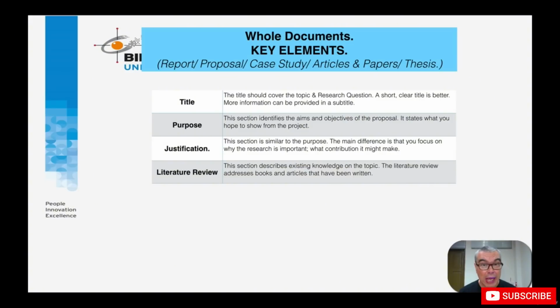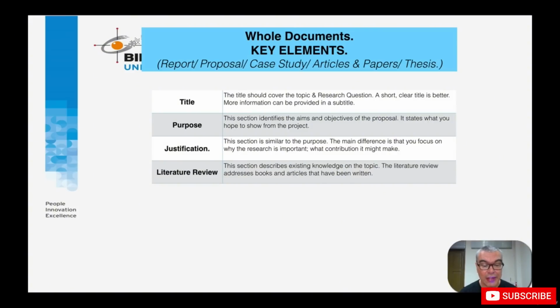So this is where you need to apply things like your paraphrasing, summarizing, using citations, and also including your own comments, opinions, and observations on the literature that you review. So this section will be quite a big element of your document, and it is usually divided up into several subheadings and things like that.